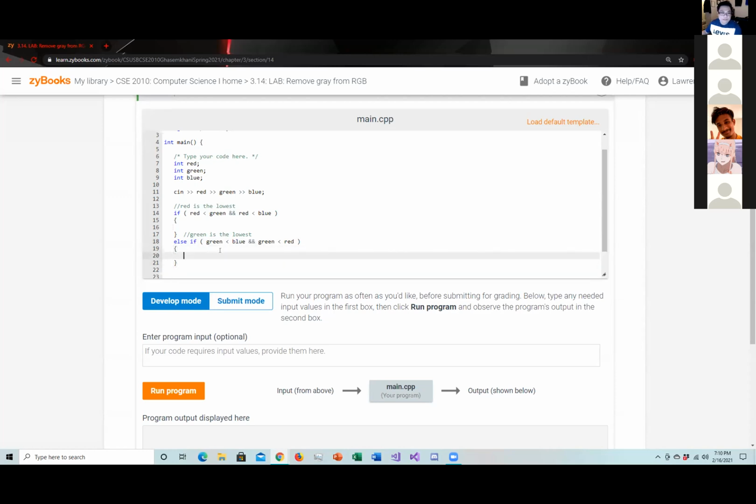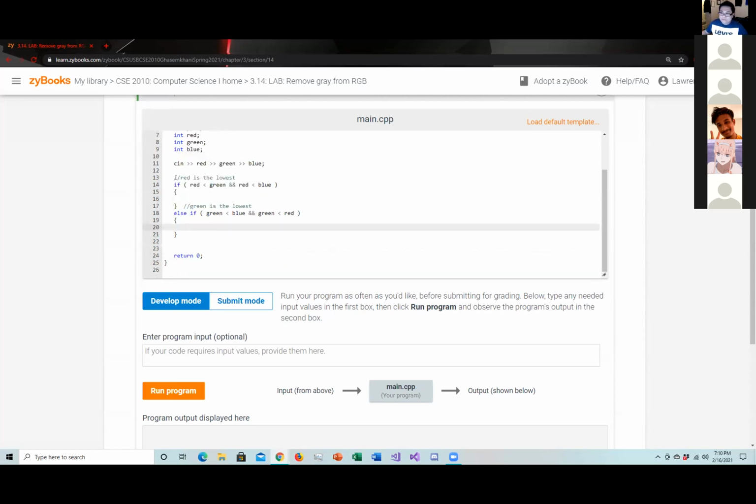Okay. So I do have sort of a thought though. What happens if there are two lowest numbers? Like they're the exact same lowest number, but they're both less than the third. Say we use the example where red and green are the same value, but they're both less than blue.